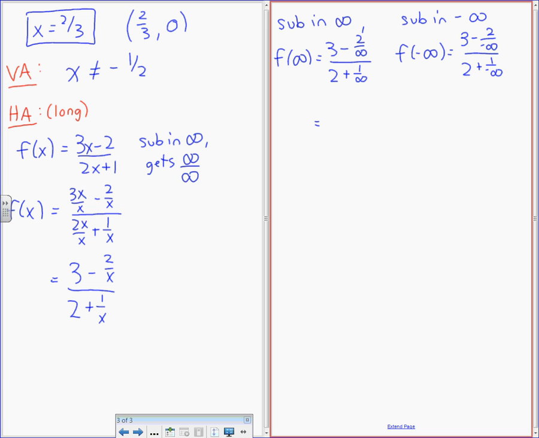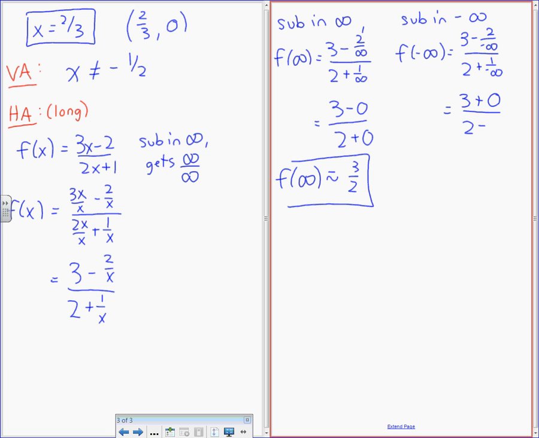This turns into 3 minus 0 all over 2 plus 0, so we're going to say f of infinity is approximately equal to 3 over 2. Over here, this is going to be 3 plus 0 all over 2 minus 0.